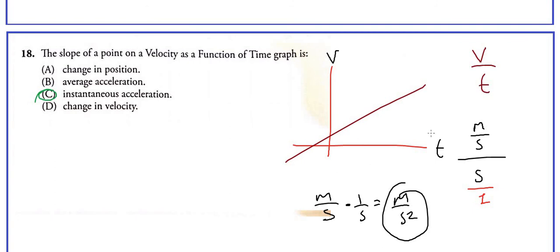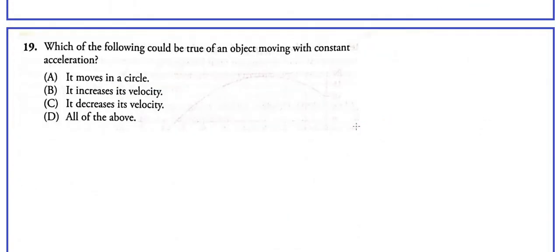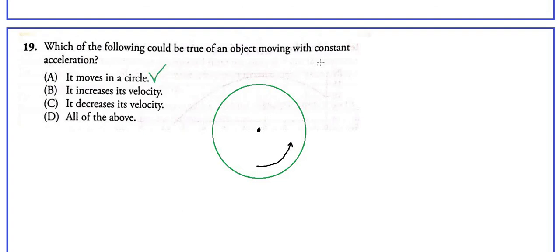Okay, let's go to next question, 19. Which of the following could be true of an object moving with constant acceleration? So in this question we're going to analyze the constant acceleration. So in option A, it moves in a circle. If we have circular movement, then the acceleration is the centripetal, and centripetal acceleration is constant. So this is correct information. And if an object is moving with the constant acceleration, that acceleration could be positive, it could be increasing its velocity.